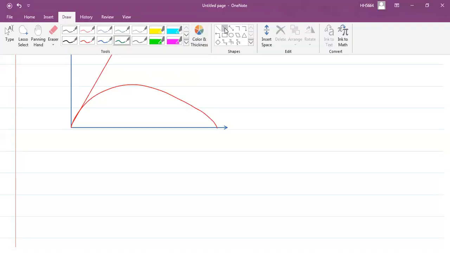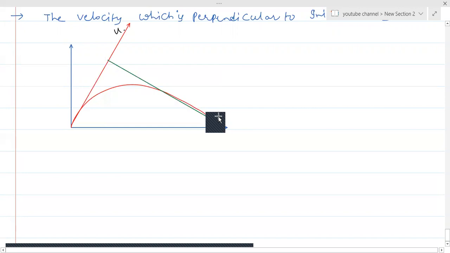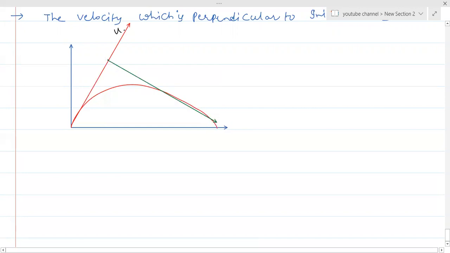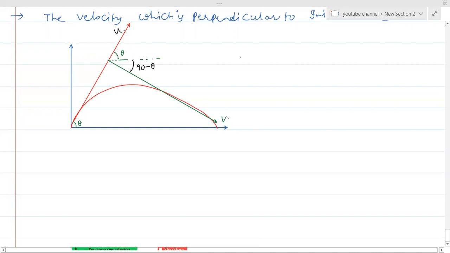And also, at some angle or some orientation, the velocity will become perpendicular. So let us take this. If this angle is theta, this angle is also equivalent to theta. So therefore, the angle made by the velocity is 90 minus theta.